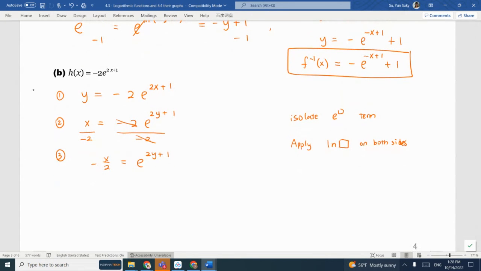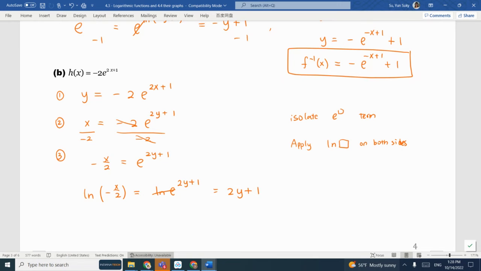So ln of negative x over 2 equals ln e to the 2y plus 1. What happened? ln e cancel. We get 2y plus 1. So far, so good, everybody?